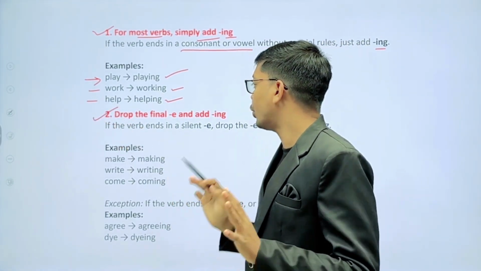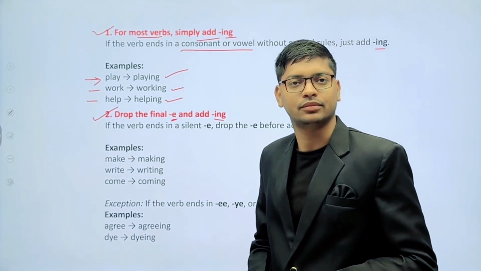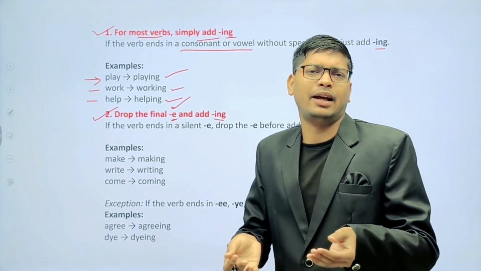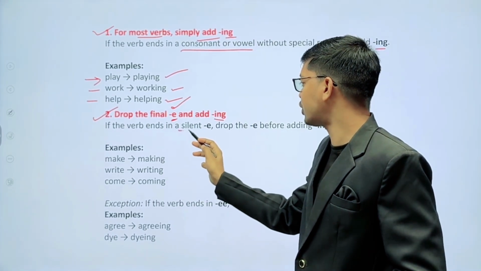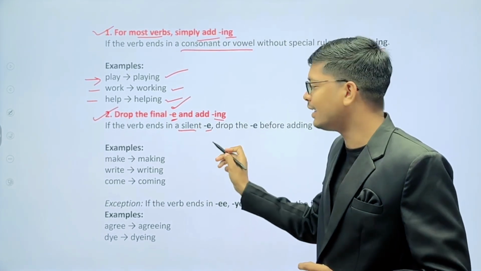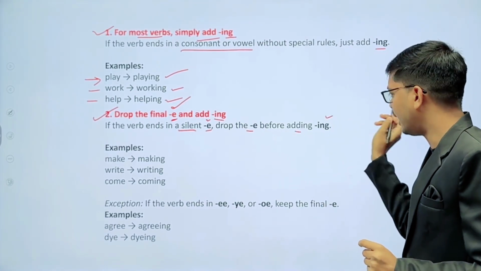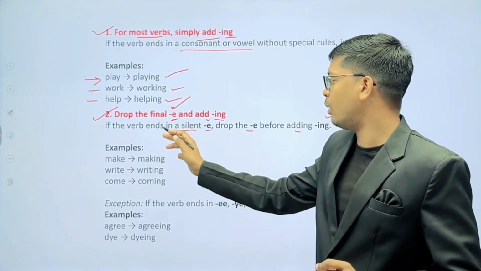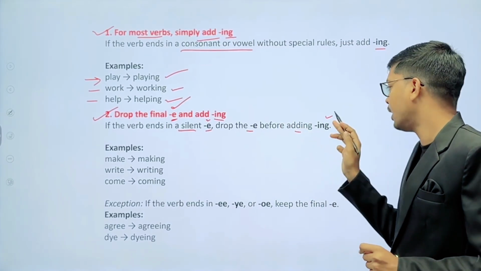Next rule: drop the final e and add ing. If the verb ends in a silent e, drop the e before adding ing.